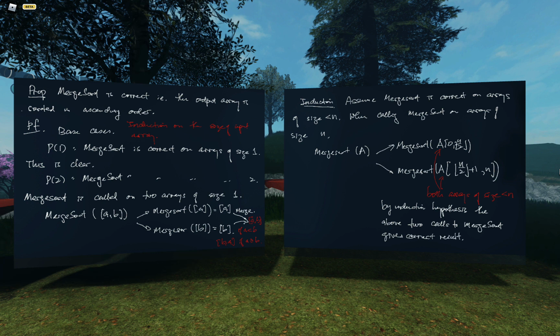Okay, and so then we need to merge them together, right? So we do the merge, and finally, merging two sorted arrays is assumed to be correct.